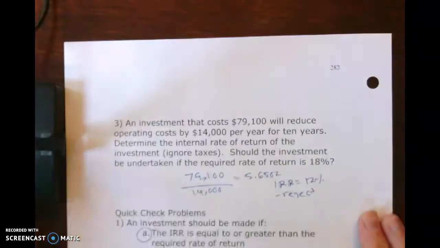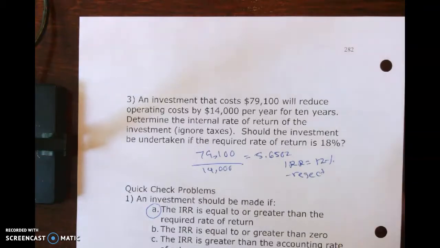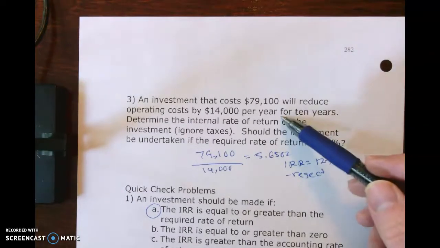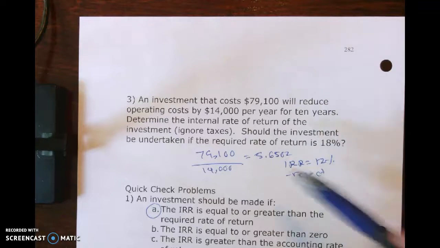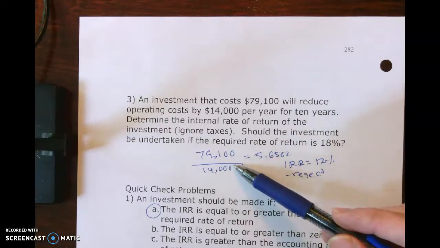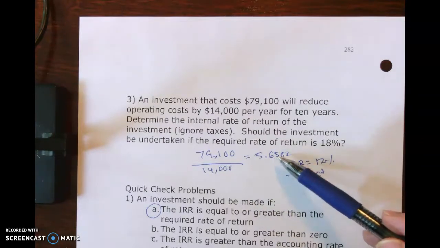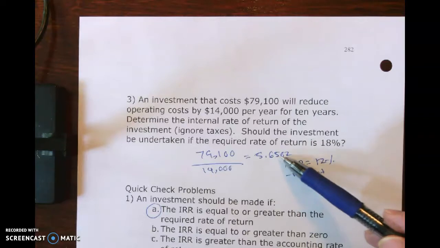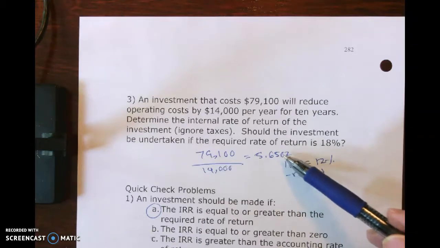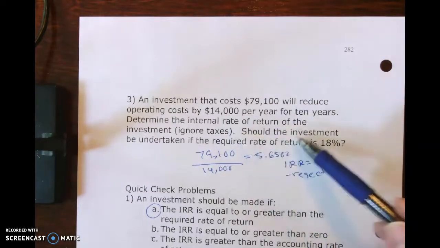This problem over here says our investment costs $79,100 and reduces operating costs by $14,000 per year for 10 years. Take the investment costs divided by our annuity amount of $14,000, and that gives us our 5.6502. We look up 5.6502 in our present value of an annuity table, and we find it on the 10-year row.